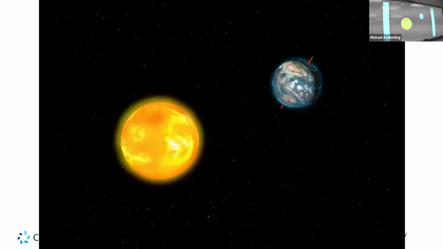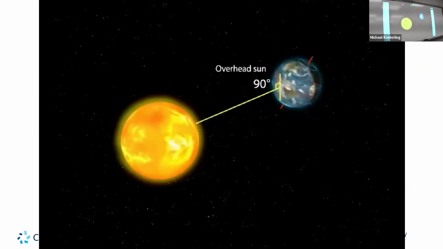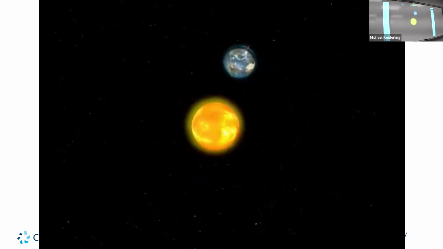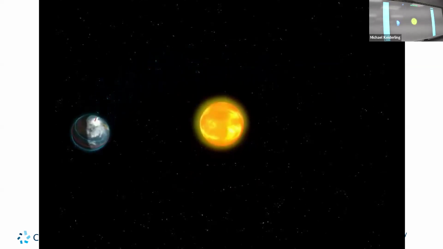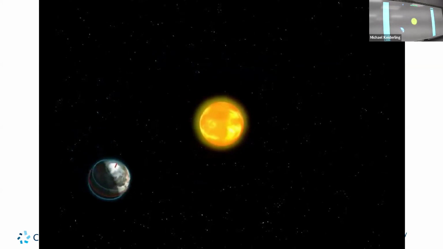At this time, the Earth's surface and the midday sun form a 90-degree angle. Different locations of the overhead sun result in variations in the amount of solar radiation received in different areas and at different periods.